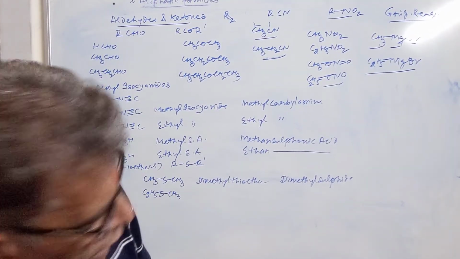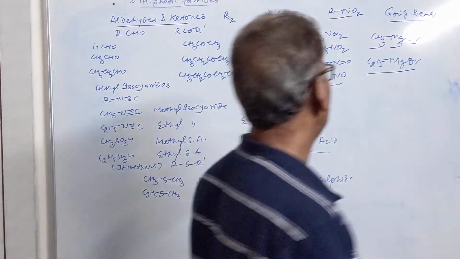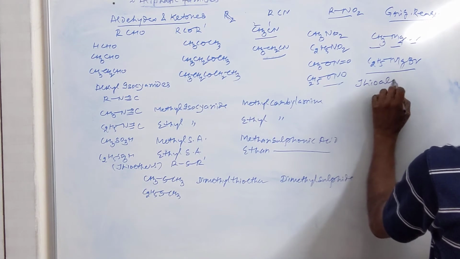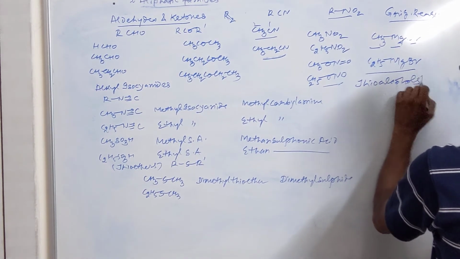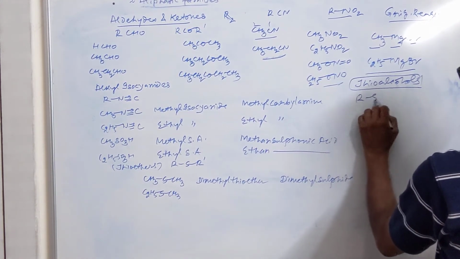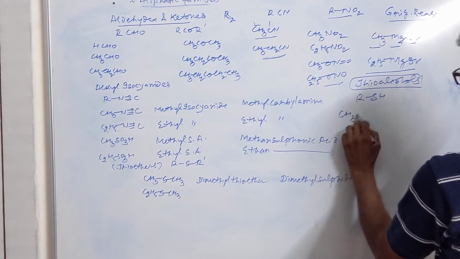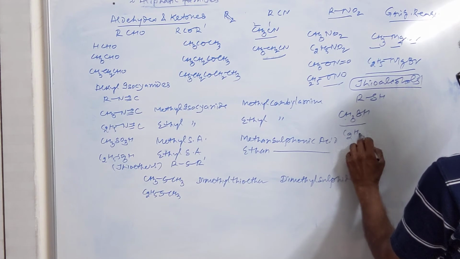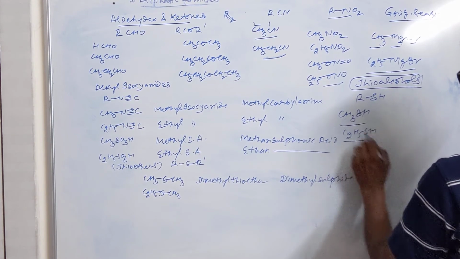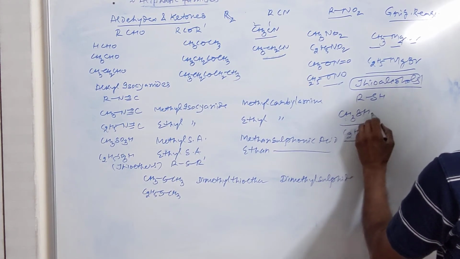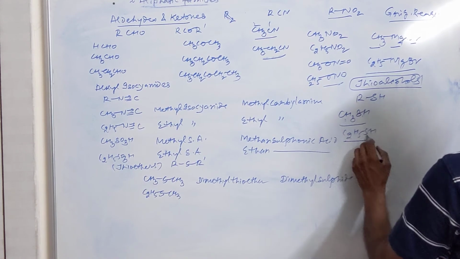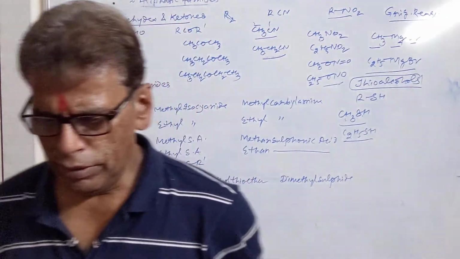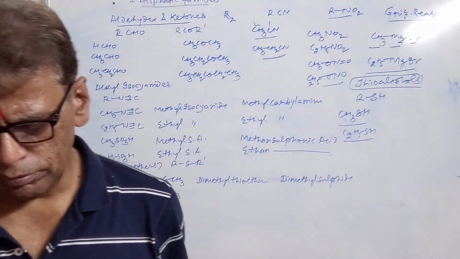Then we have thioalcohols also, as we did thioether. They have formula RSH. First member is CH3SH, methane thiol, C2H5SH, ethane thiol, common name methyl hydrosulfide, ethyl hydrosulfide. So these are the aliphatic systems.